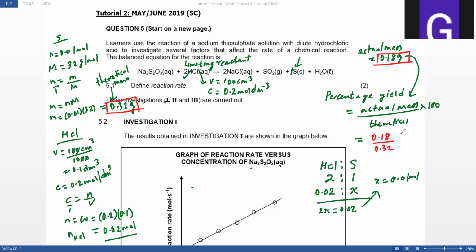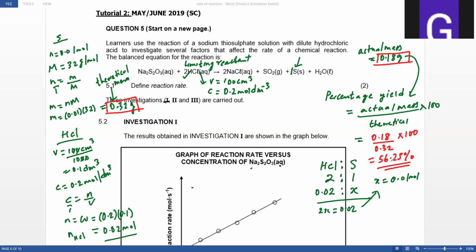Then we multiply that by 100%. So 0.18 divided by 0.32. Multiply that by 100. This will give us 56.25%.